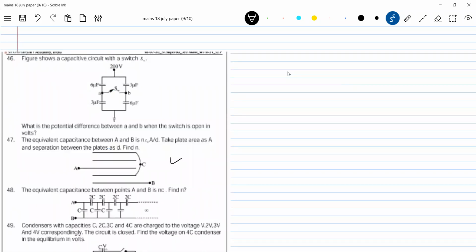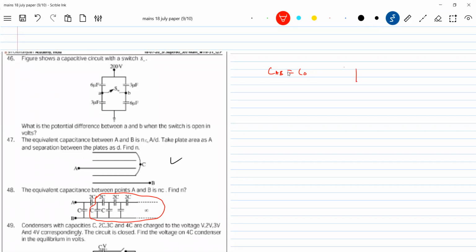48, okay. So you can replace the circuit from here. Replace this part of the circuit with C0 and solve it. CAB, let it be C0. Okay, find this one.